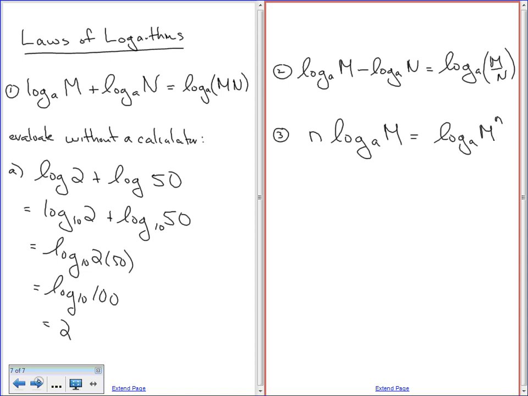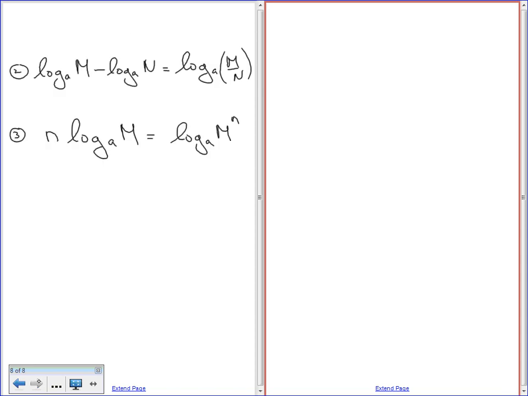Okay, so we're going to use these 3 laws in order to expand and simplify logarithmic expressions. The first one we're going to do is simplify. So we're going to express as a single logarithm.